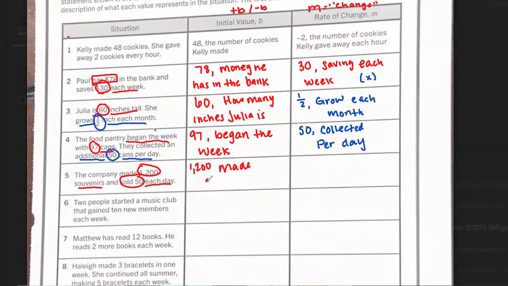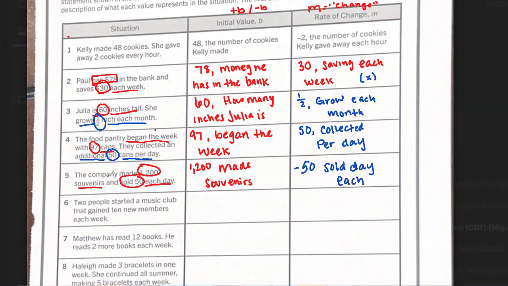They made 1,200 souvenirs. If they sold, that means they're getting rid of them. And they sold 50 each day. If you're selling it, it is a negative number. Let's say each day.